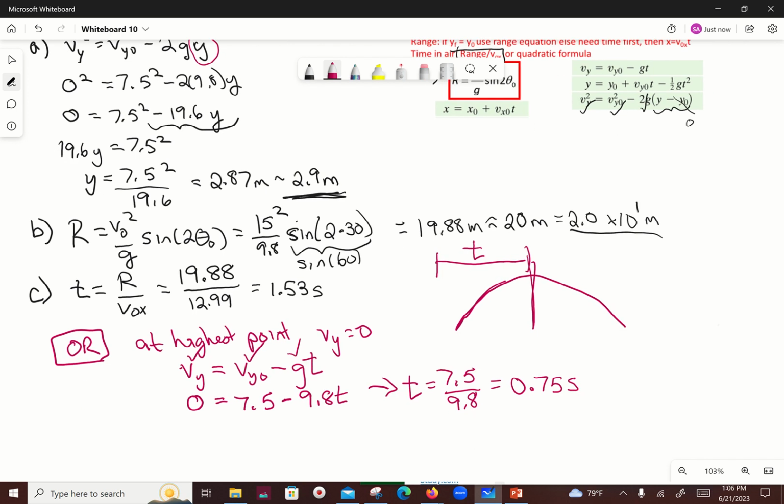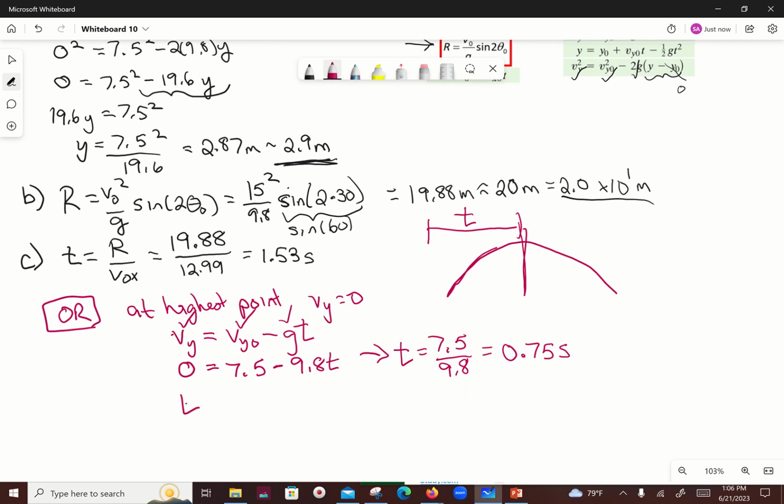So if I want to find the total time, I have to write that the total time is twice this. So the total time, let me write t total. And again, my stylus has stopped working. T total is equal to 2 times 0.75, which is 1.5 seconds.